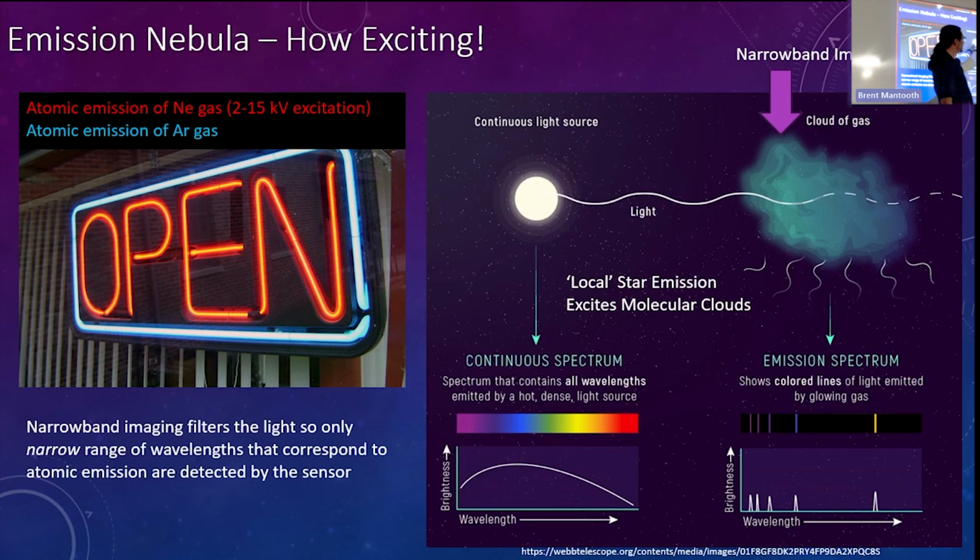That radiation will interact with the cloud of gas to excite the molecules just like the voltage did here. Then that gas will go through an emission process where a specific wavelength of photon will be released, and that will be specific to the gas that was in the cloud.